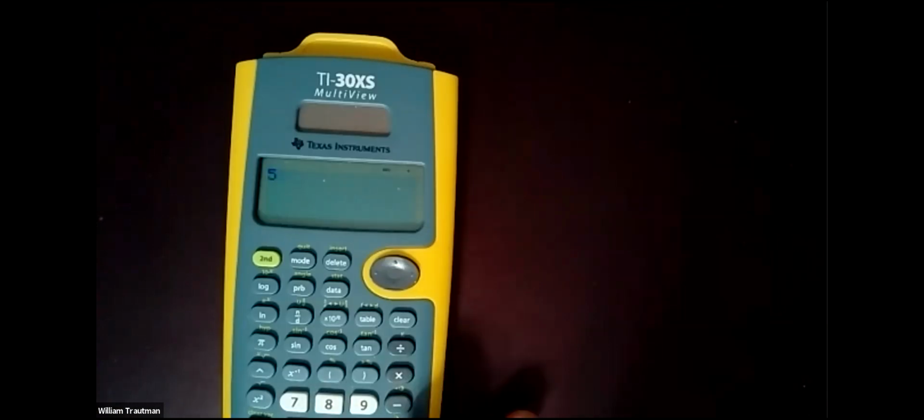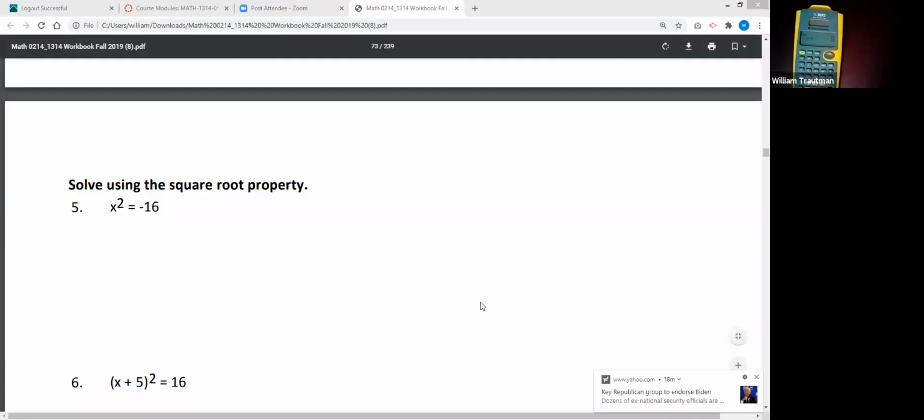So 5 times 5, 5 squared, equals 25. However, negative 5 in parentheses squared also equals 25. Do you see there's 2 ways of getting the answer? A plus 5 times 5, or a negative 5 times a negative 5, which is also a positive 25. So there's 2 possible answers there.